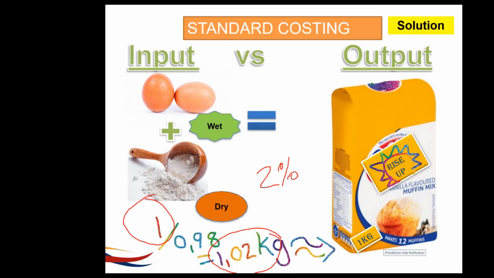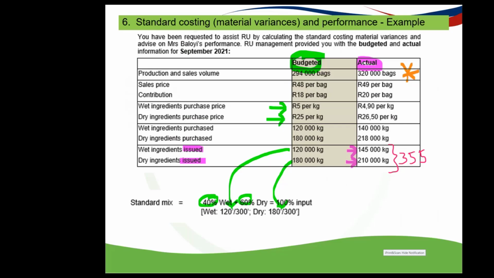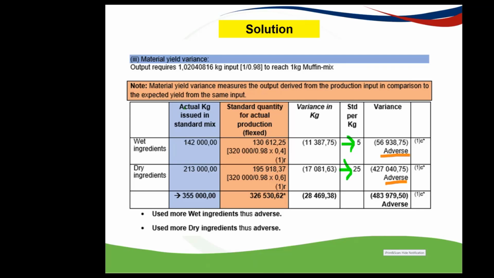This was rounded off, so it's not just the 2%. So you take the 1 divided by 0.98 to determine how much input I would have required to get, for example, 1 kilogram of output. But we'll do that now. Remember I told you this, this table stays exactly the same.